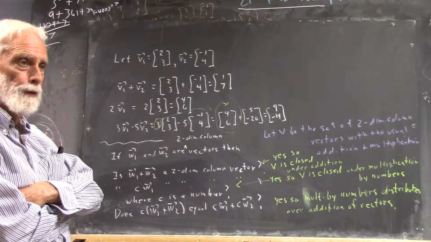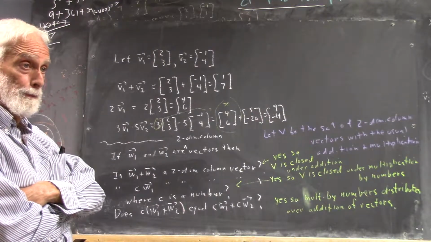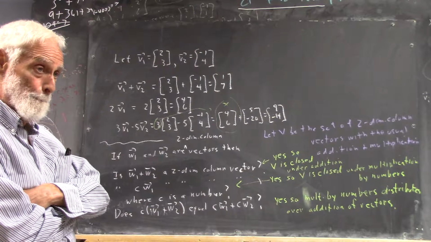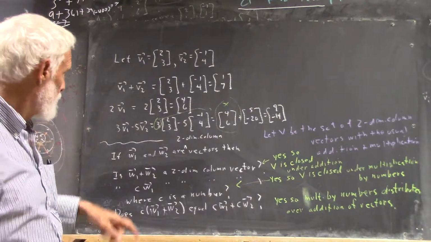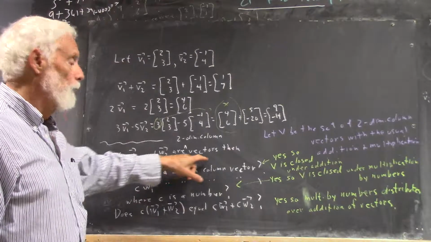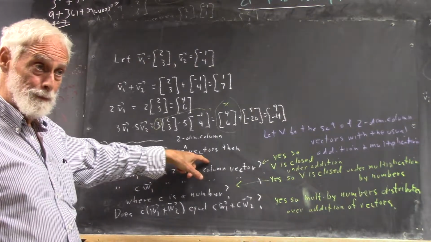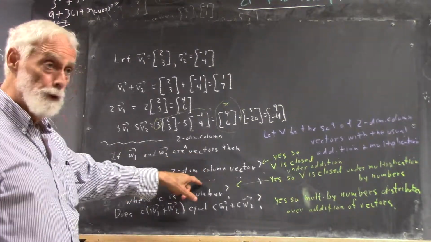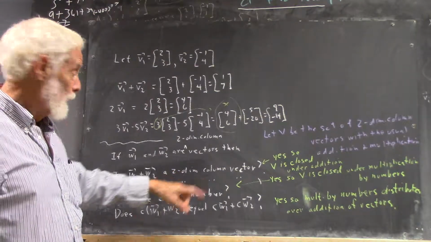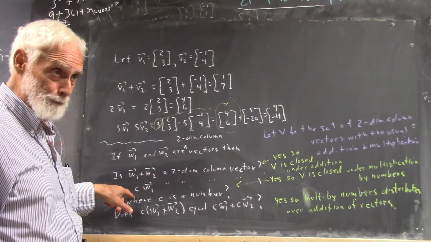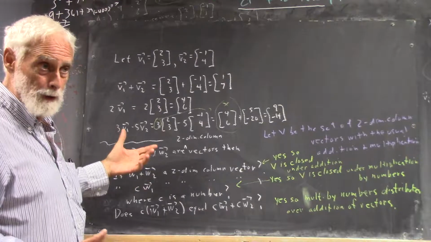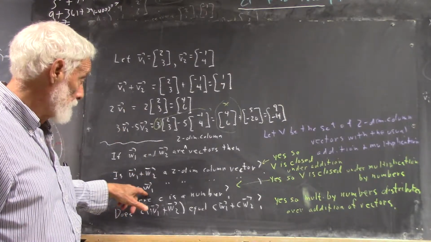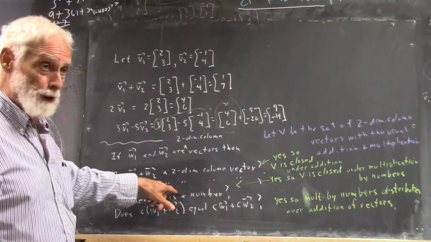All vector spaces have these properties. Okay? If W1 and W2 are in your vector space, then W1 plus W2 has to be in your vector space. And multiplication by a scalar, in this case think number, but there are other kinds of scalars, doesn't take it out of the vector space.